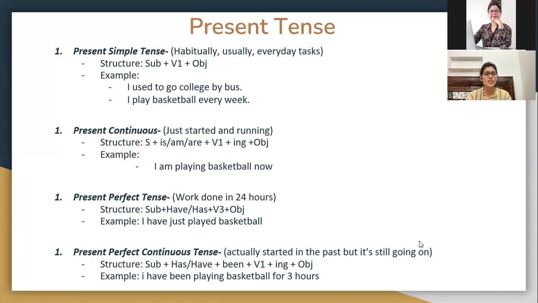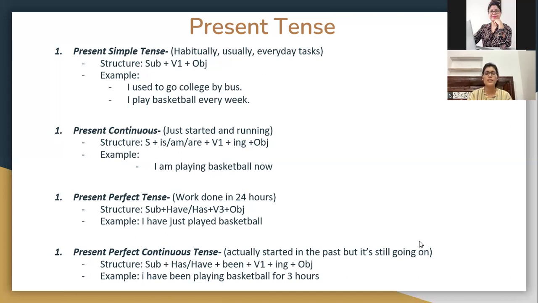The structure is subject plus is, am, or are plus first form of main verb plus ing plus object. When the subject is singular we use is, and when the subject is plural we use are. When the subject is I, we use am.